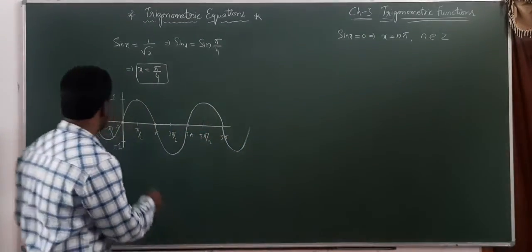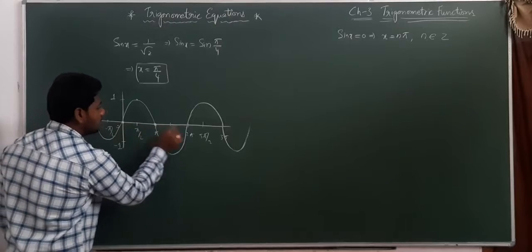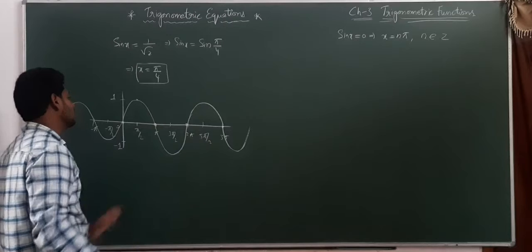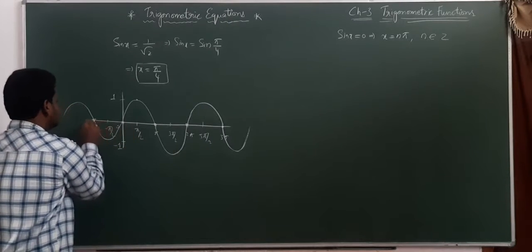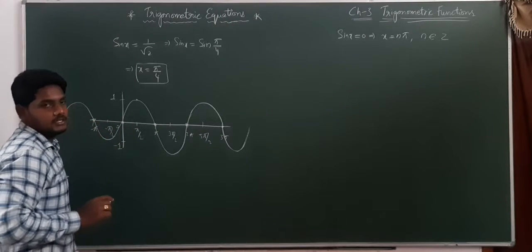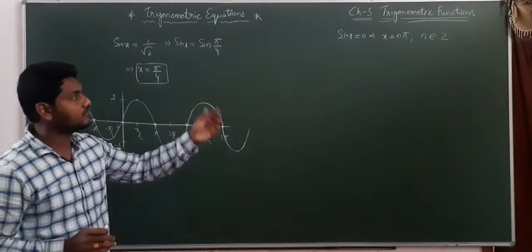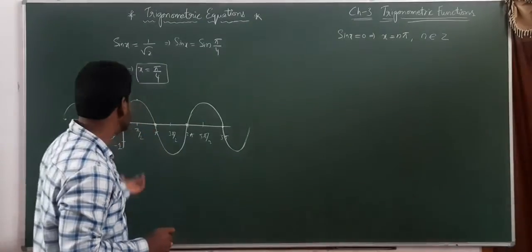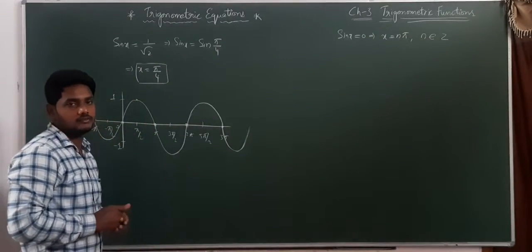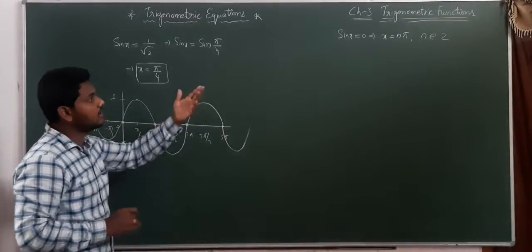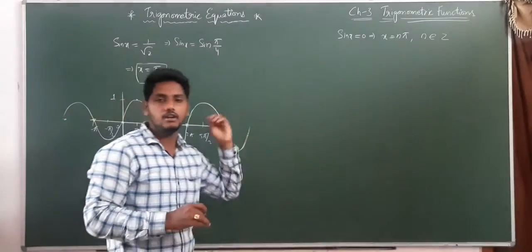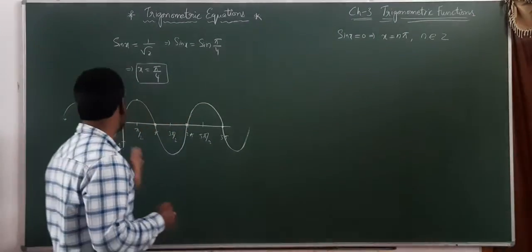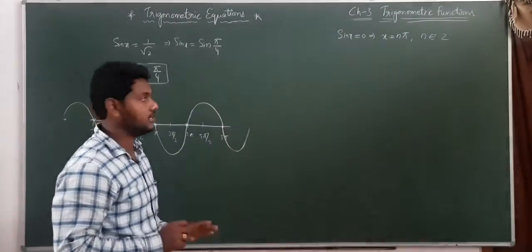What are those? 0, pi, 2 pi, 3 pi, 4 pi, 5 pi on the positive side, and on the negative side minus pi, minus 2 pi, and so on. Is it only for 0 that it is like that? No. For any trigonometric function, infinite number of solutions will be there when we consider from minus infinity to infinity.